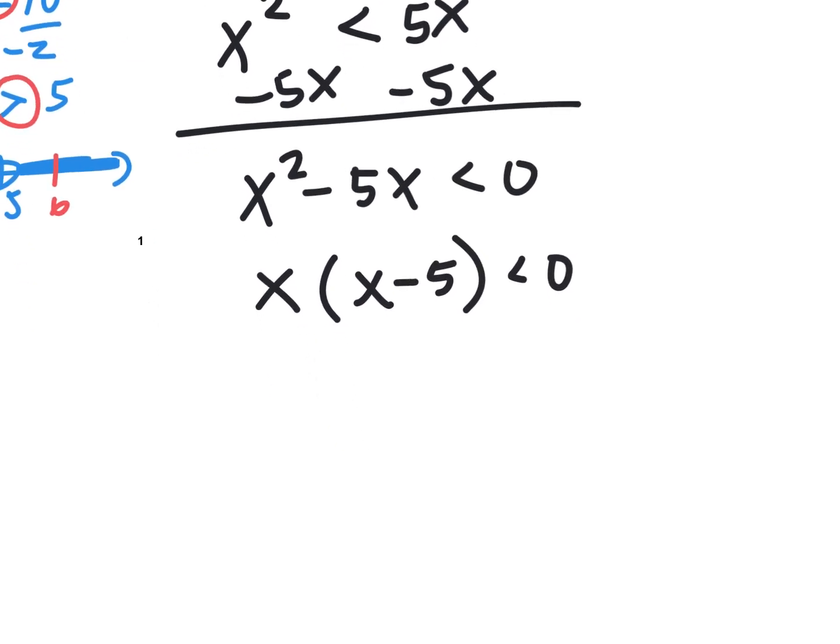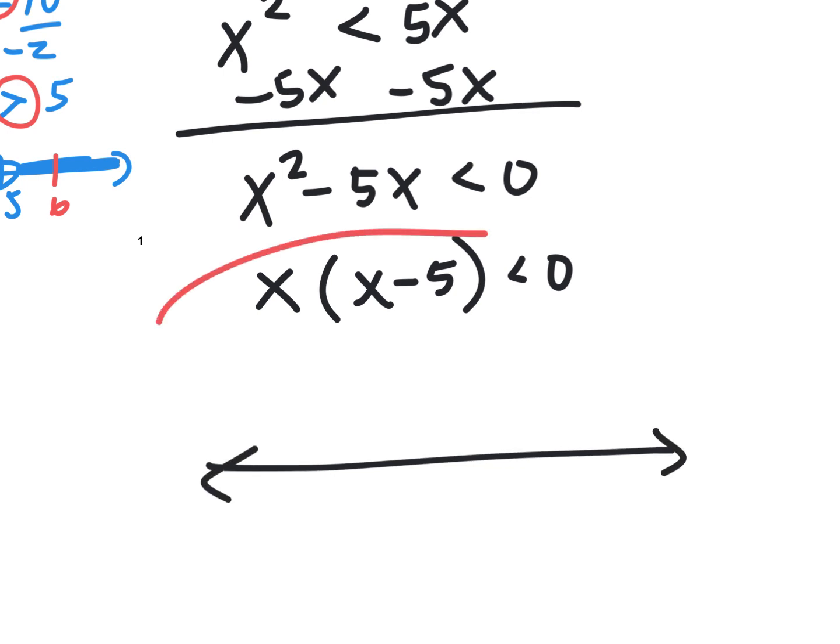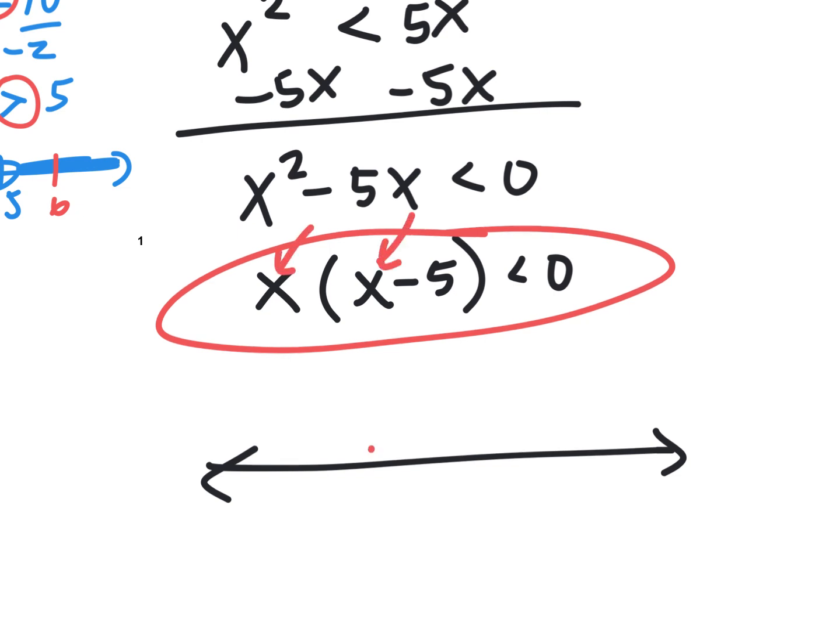And now we solved some like this the other day. When we start with a problem like this, we find the things that make it 0, which are 0 and 5. We circle them. If it's less than 0, it can't be 0 and it can't be 5. If this had been or equal, we would fill those in.